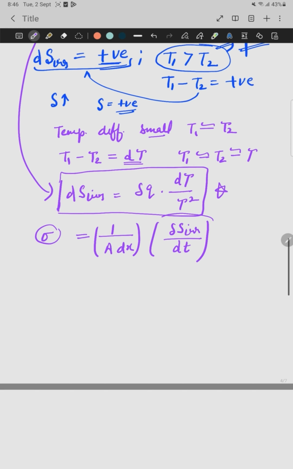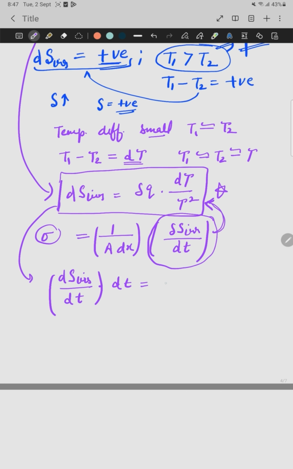Now we have to find this expression from the previous expression. So this is dS irreversible. If I divide this expression by dt and multiply it by dt, the left side and right side are treated the same, curly q into dT divided by T square.